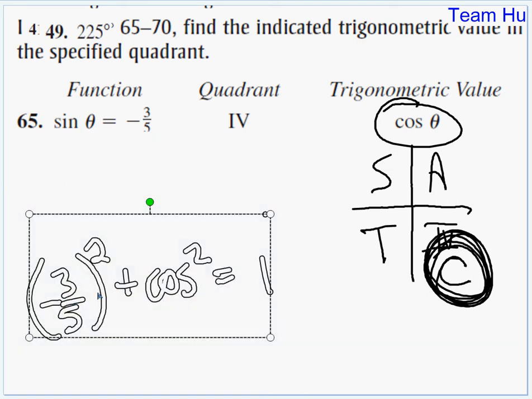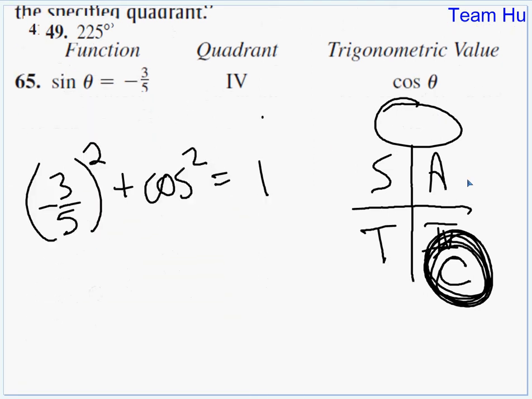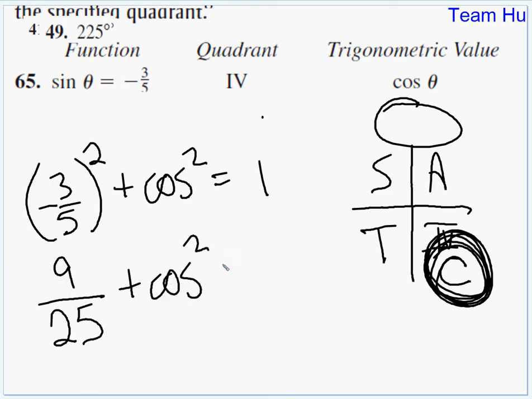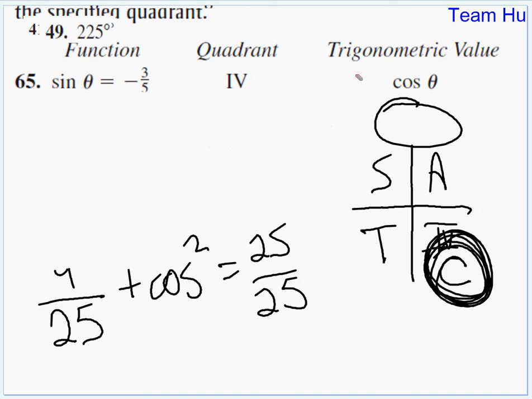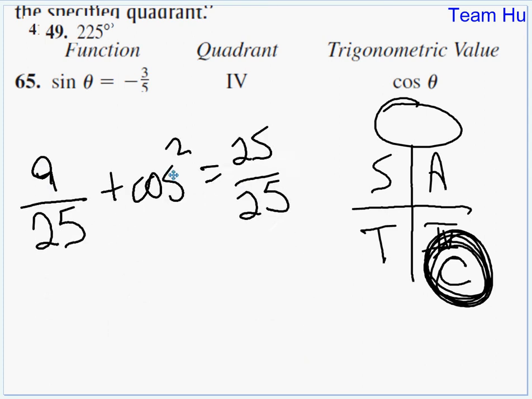If we square what I have in the parentheses, a negative times a negative is a positive, and we square the numerator and get a 9, and we square the denominator and get a 25, plus cos squared equals 1. Let's get our common denominator right now. Let's make it 25/25. Oops, chopped off my 9 there a little bit. All right, let's get the cos squared alone.